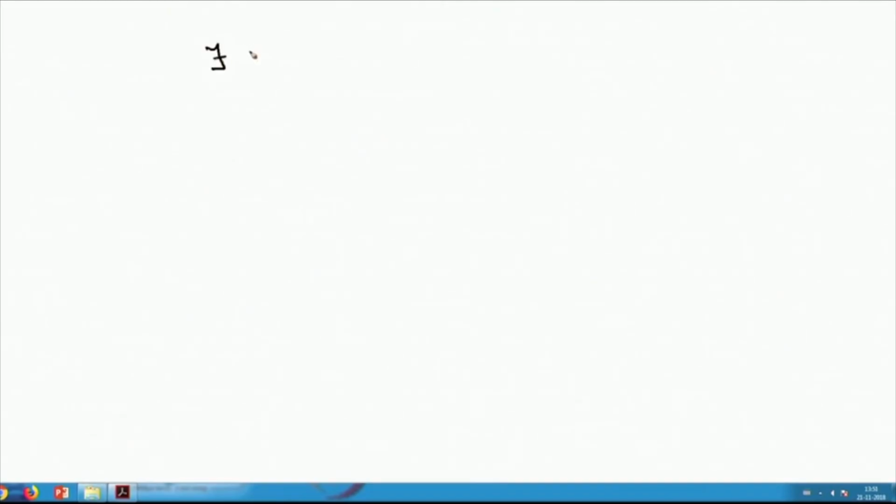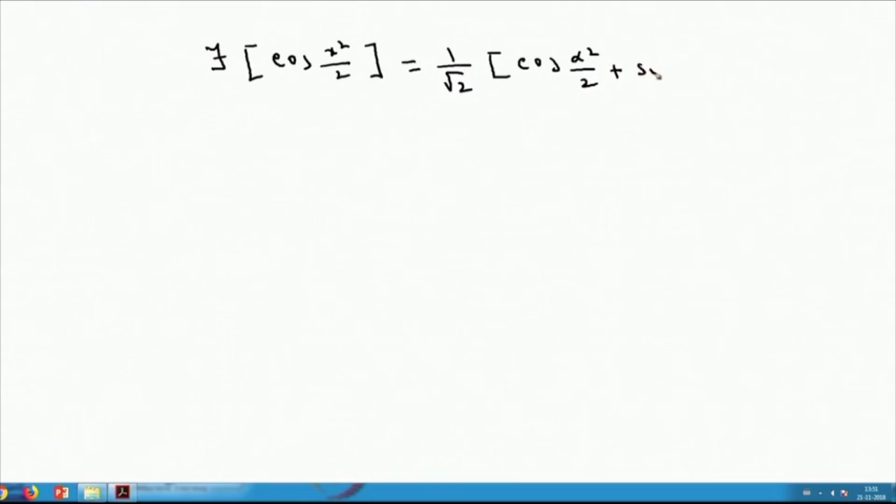If you recall, we know this thing. Already we have done this. Fourier transform of cos of x square by 2 equals 1 by root 2 times cos of alpha square by 2 plus sine of alpha square by 2.